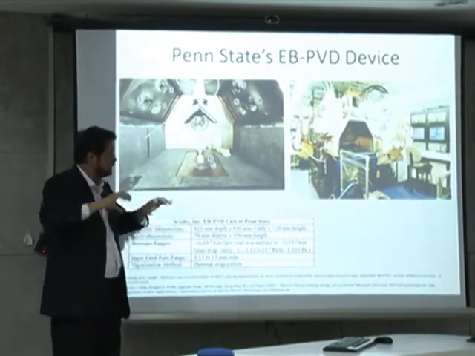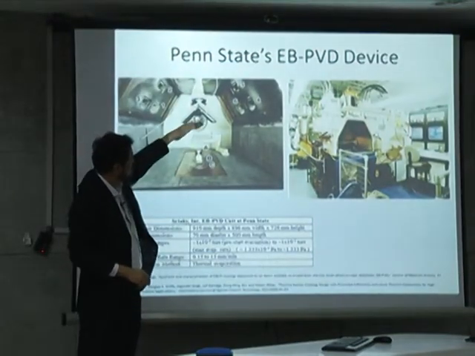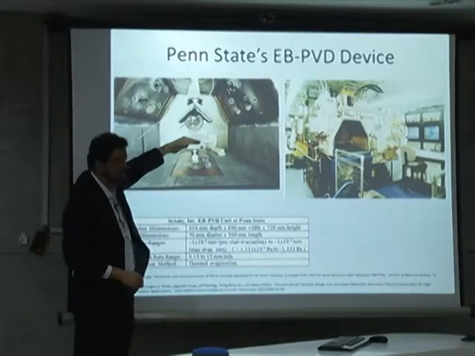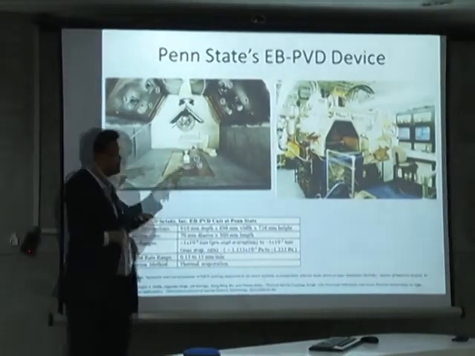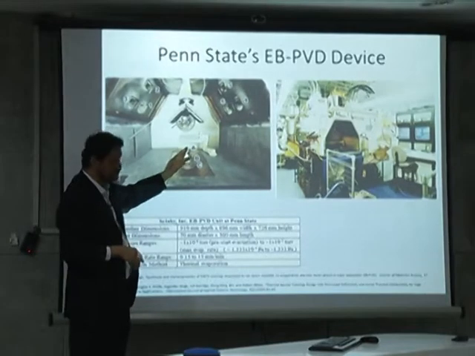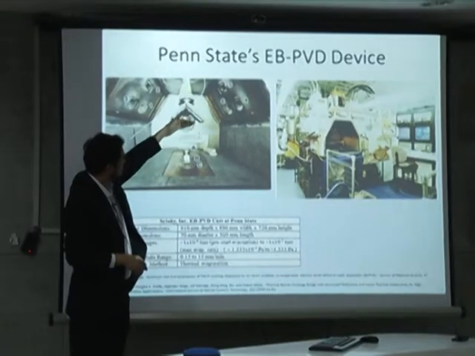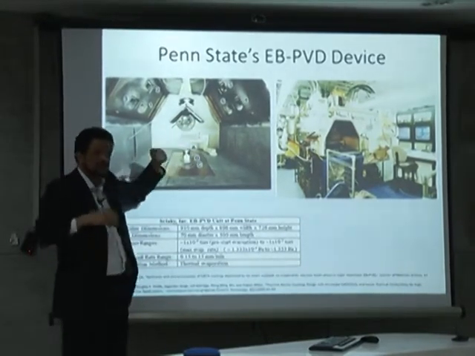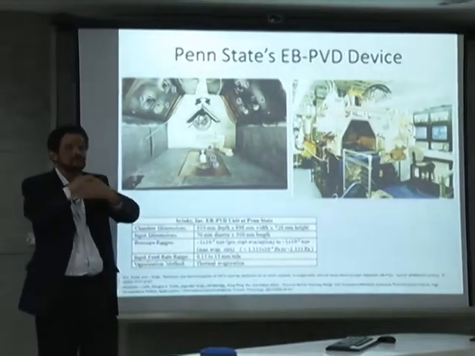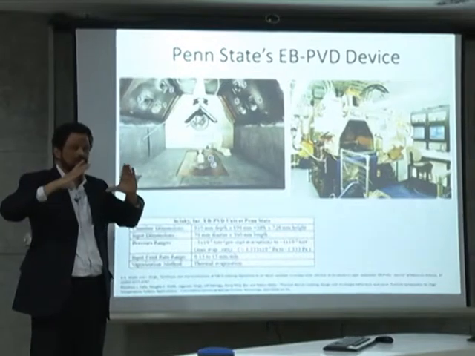So it makes a layer of A, and then after a while you slightly start slowing down A evaporation, but simultaneously start B evaporation. So B starts evaporating, A is also evaporating, so mixed material is going there, but A is slowly shut down and B is slowly brought up, so that A and B get mixed in together, and a layer of B starts developing on the tube.